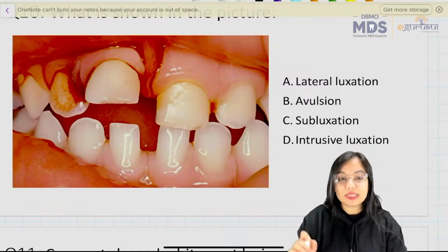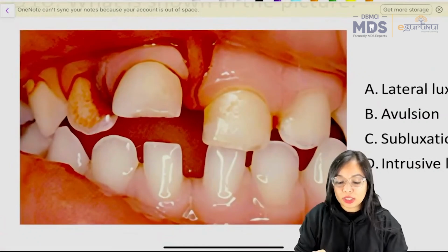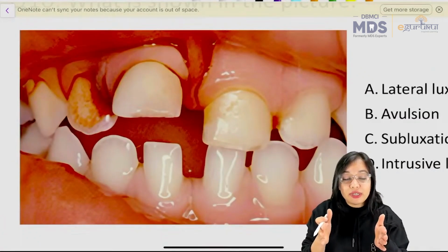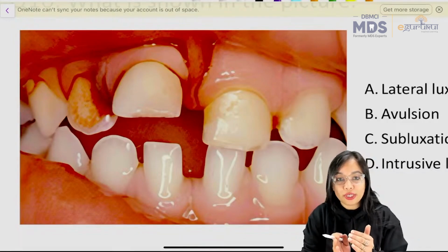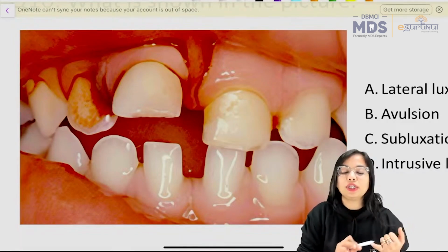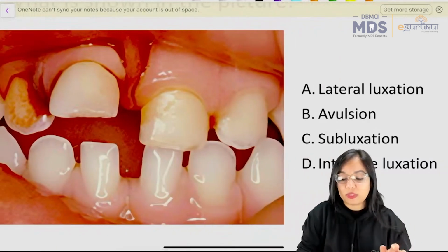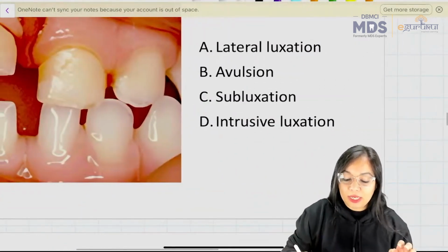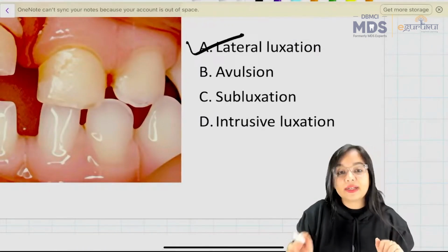As you can see in the picture, this is the tooth, and the tooth has shifted sideways from its position. The tooth neither looks shortened nor elongated. So 100% it is not intrusion, not extrusion. And since it has moved sideways from its position, the answer becomes lateral luxation.